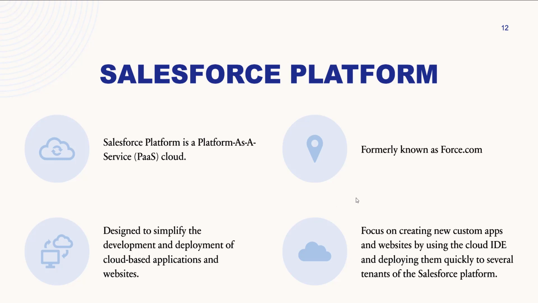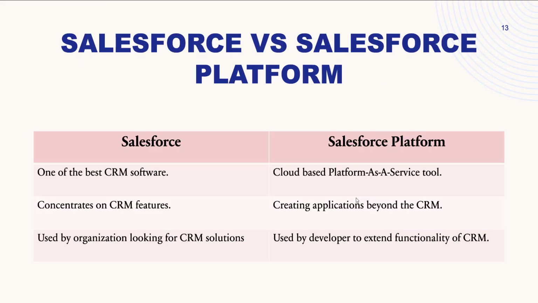So now let's proceed and try to clear out the difference between Salesforce and the Salesforce platform. Maybe some of you get confused between the words salesforce.com or Salesforce and Salesforce platform. So let's try to understand it. Basically, Salesforce is like a real organization that has programs for a business and it helps them to manage their customers for sales and services.